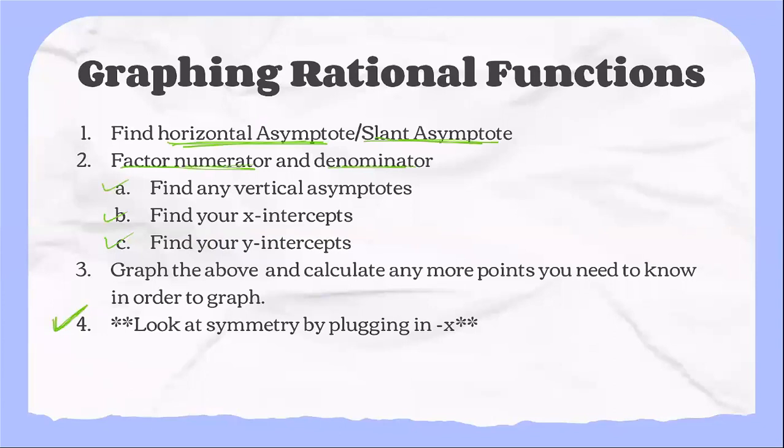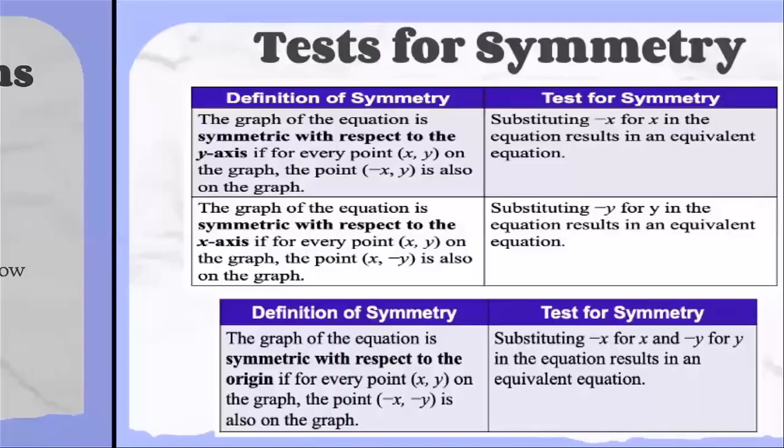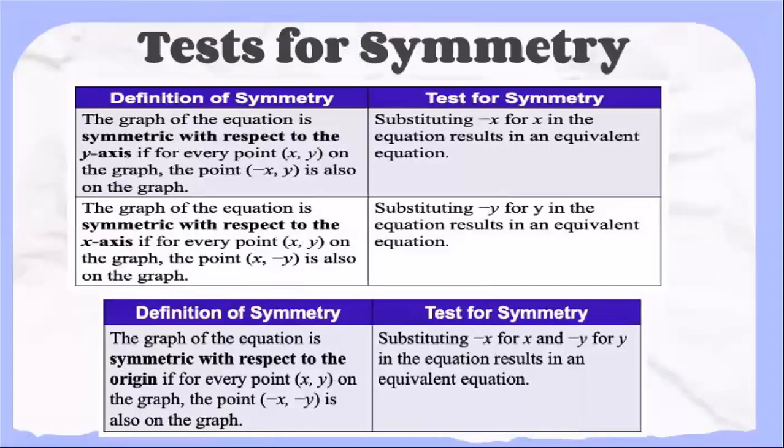I know our textbook really likes us to look at the symmetry, because that will help should it be across the x-axis, across the y-axis, or across the origin. And so on the next slide here, I also put those tests for symmetry where you can look at them. So remember, to test for symmetry with respect to the y-axis, you plug in -x for x and see if it's equivalent.